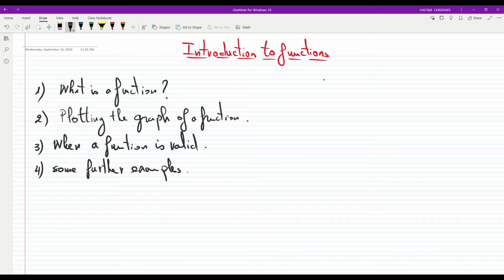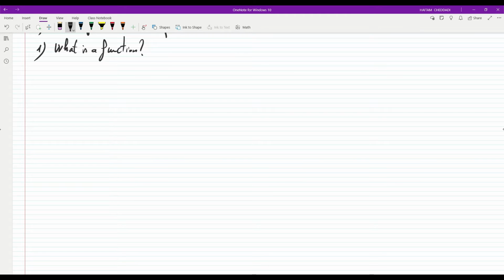So let's begin with the first question. What is a function? A function is a rule which maps a number to another unique number.